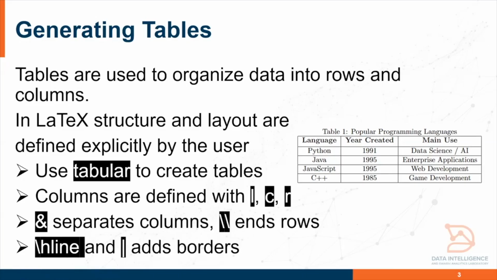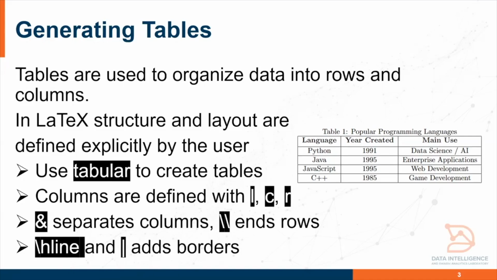Now, if you want to separate these columns, you use the ampersand symbol, this and symbol. And let's say you are done with specifying a particular column and you want to move to the next row, right? Then use 2 forward slashes.